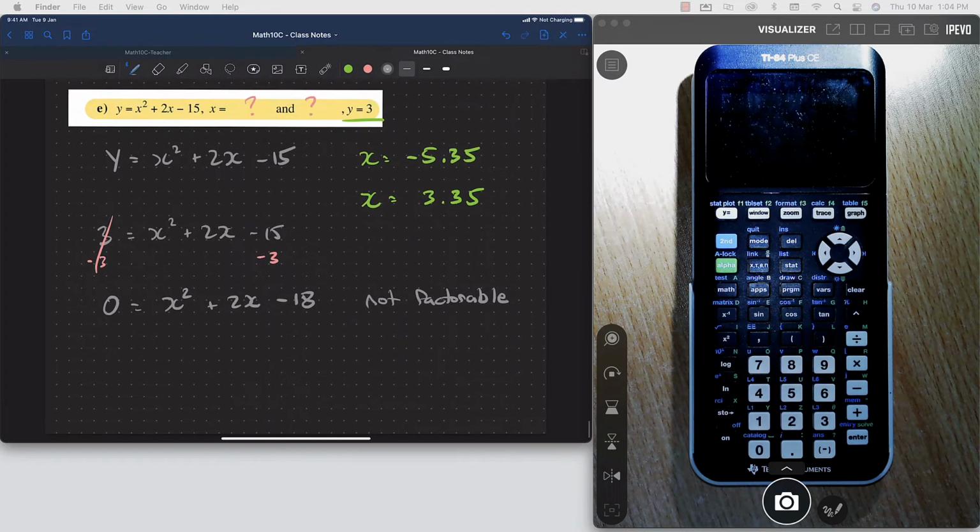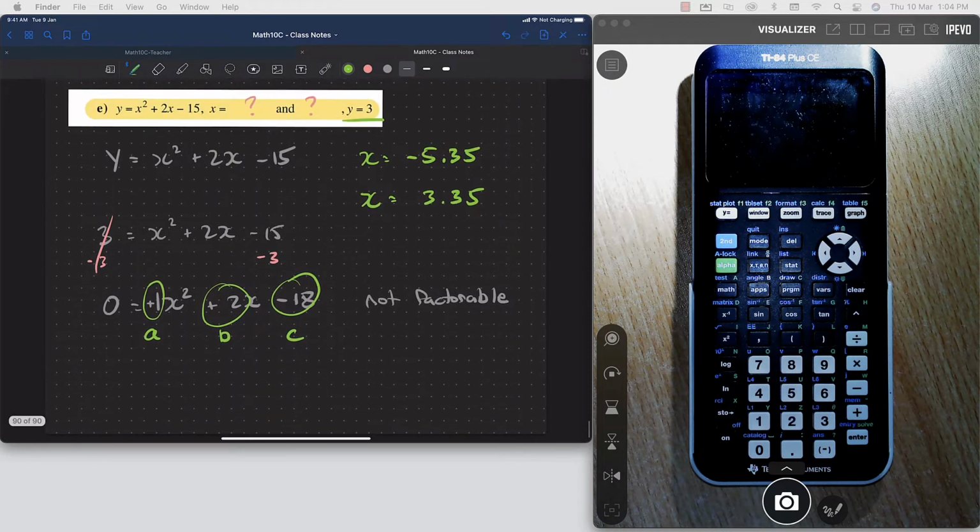So in here, in front of x squared is a value of 1, a positive 1. So this happens to be the value of a, that happens to be the value of b, and that is the value of c.